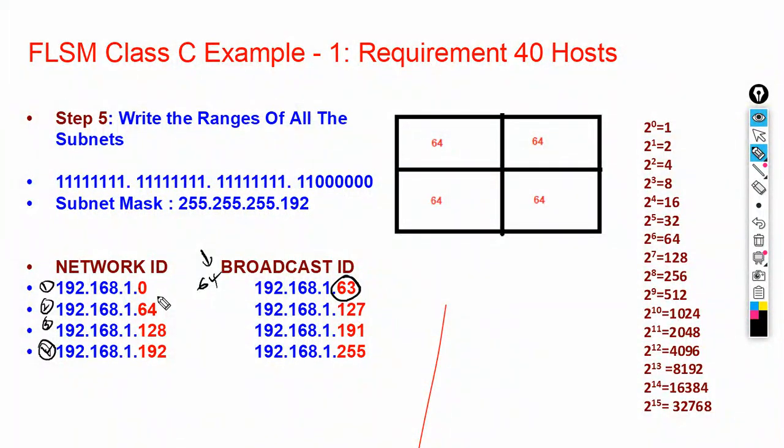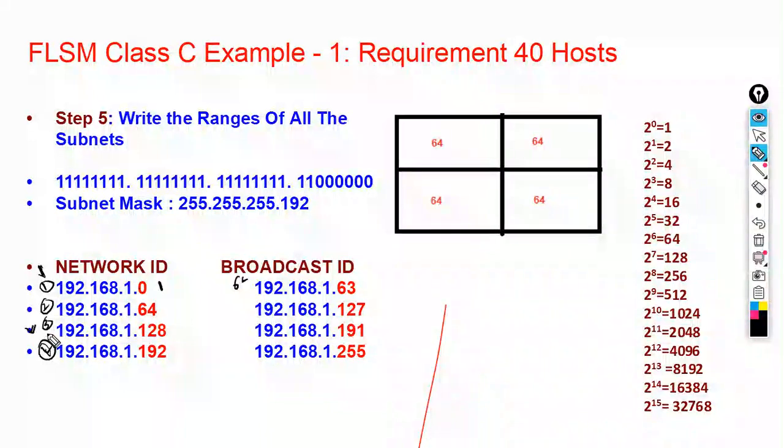Now, guys, what is the first valid IP address of the first subnet? 192.168.1.1. Very good. This is the first valid IP address. And what is the last valid IP address of the first subnet? 62. And what about the third subnet?